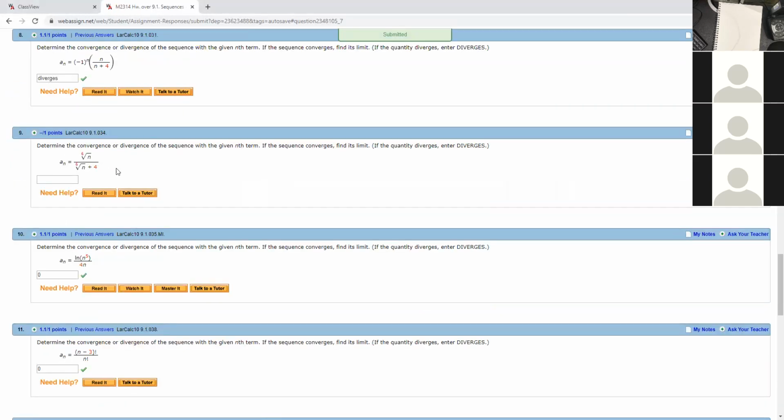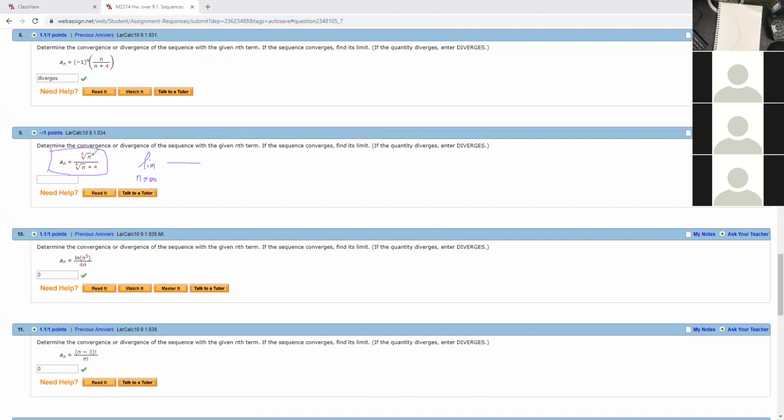Okay, last one, number 9. So here is the sequence. And again, converge or diverge as we go out forever. So we want to look at the limit as n approaches infinity, right, Denise? And we can write this as what if we want?